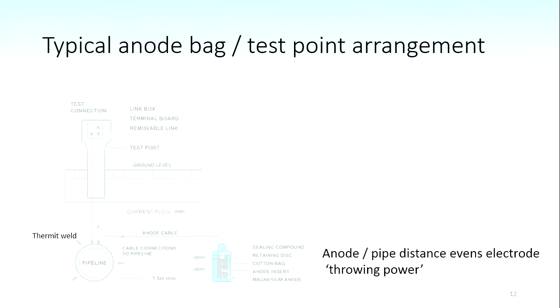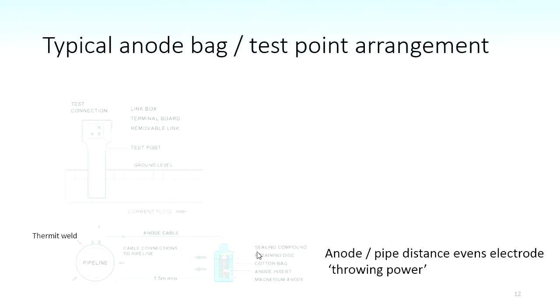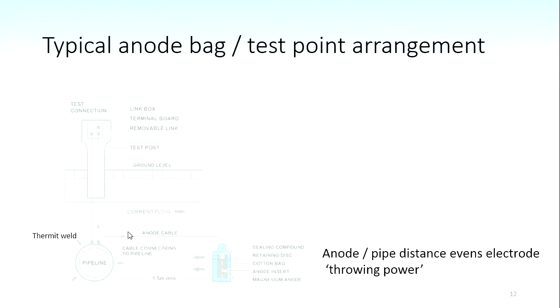What you've also got on here are the contacts to the pipe, and they're quite often thermit welded to the pipe. So instead of a conventional weld, where you can get weld defects that might be corroded, that might be reactive, you quite often use the thermit process instead.